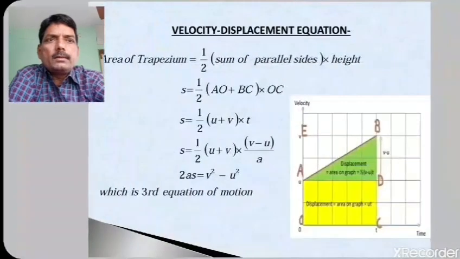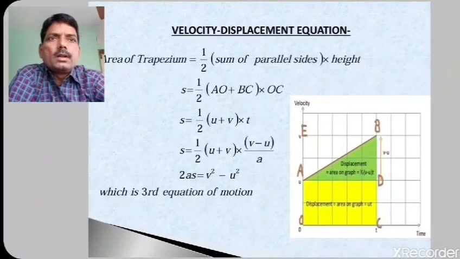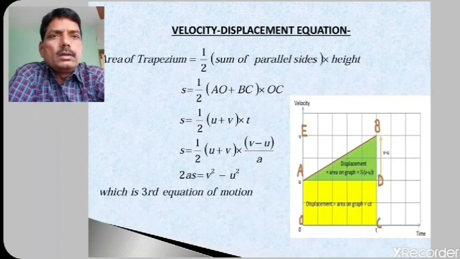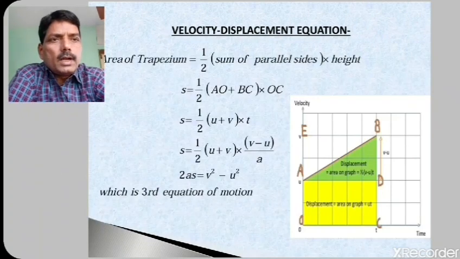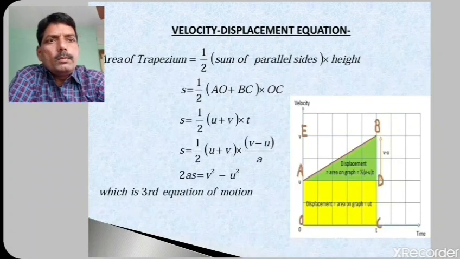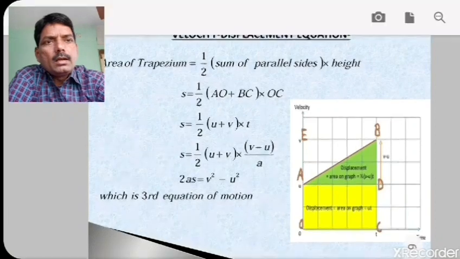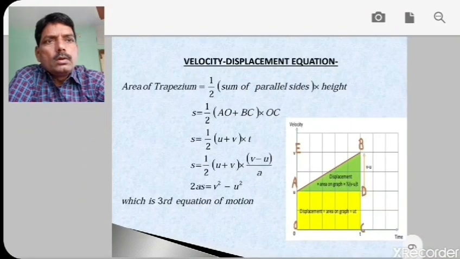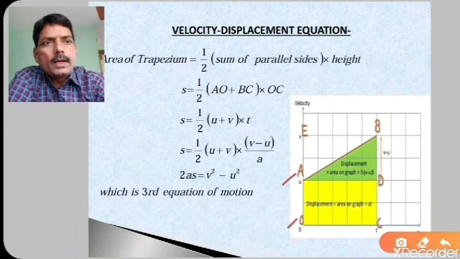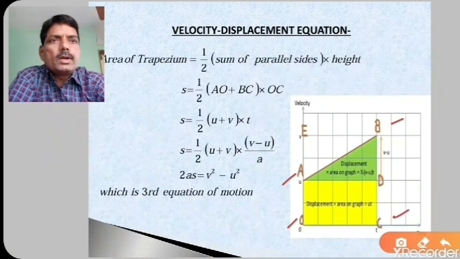Now let us proceed to the third equation of motion. Again I have taken the velocity-displacement graph here. In this case the area under the line AB will give the displacement. So I have taken here OABC, which is nothing but your trapezium.